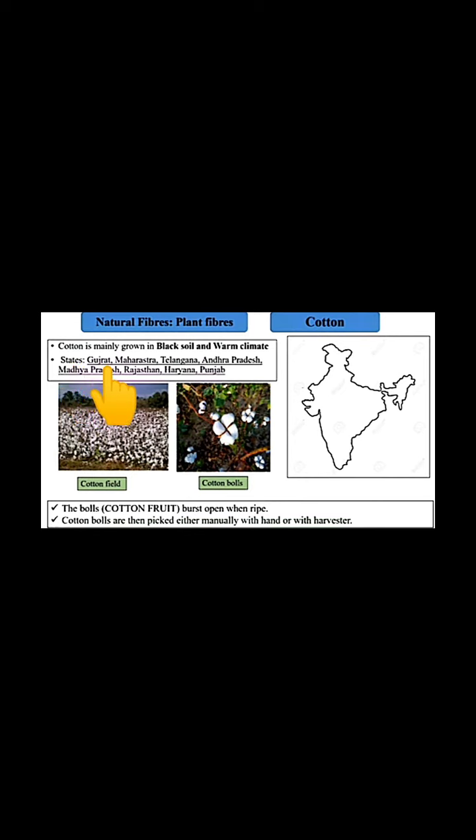But states in India like Gujarat, Maharashtra, Telangana, Andhra Pradesh, Rajasthan, Haryana, Punjab, all are well popular for the production of cotton. So once we have collected these bolls, then we have to draw them into yarn. But before this, we have to go for some other processes.